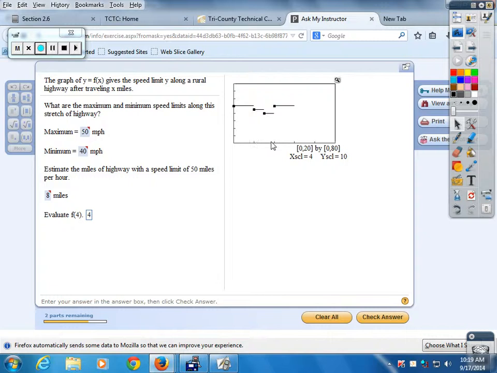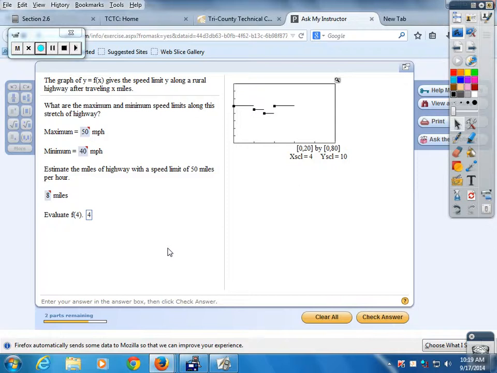That's 4, 8, 12, 16. So how many miles did you go 50 miles an hour here? 4. And how many here? 4. So 4 plus 4 is 8. Okay, that's the answer, 8.